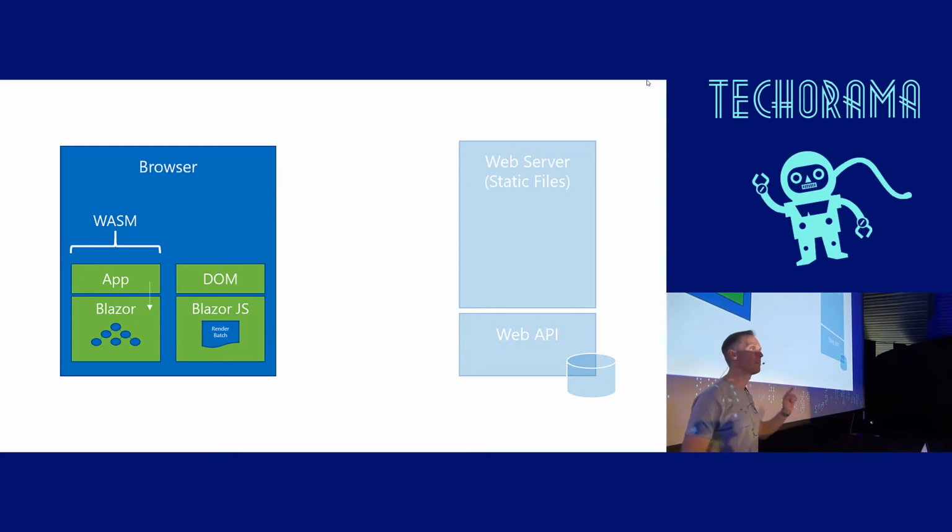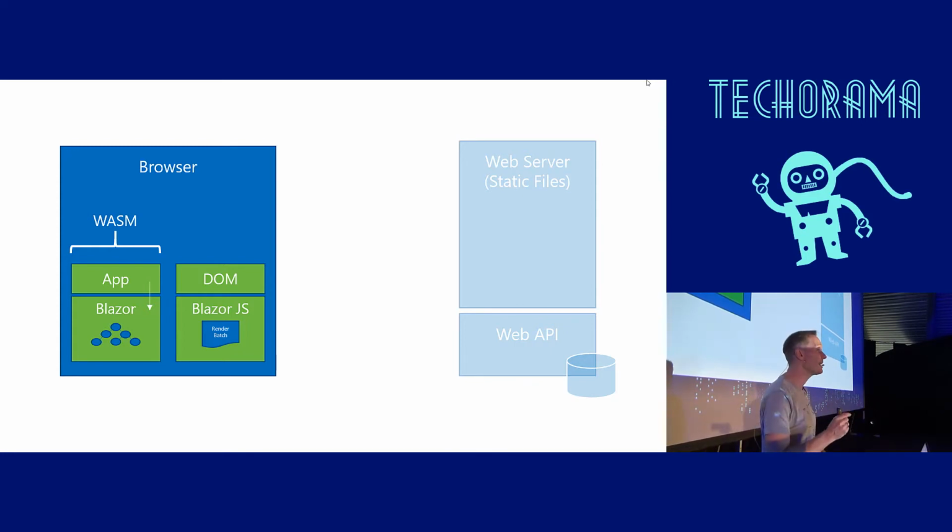That is a render batch. At the beginning, the render batch, of course, contains everything. Later on, we will see that it renders only the changed parts of the render tree. Now the render batch is taken by Blazor JavaScript, and the JavaScript part manipulates the DOM accordingly, and boom, we have HTML in the browser.